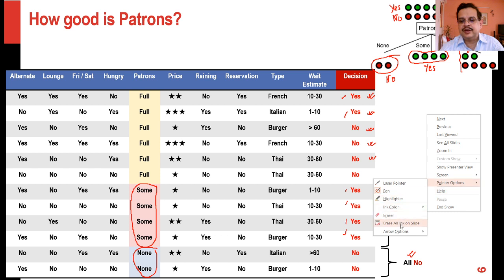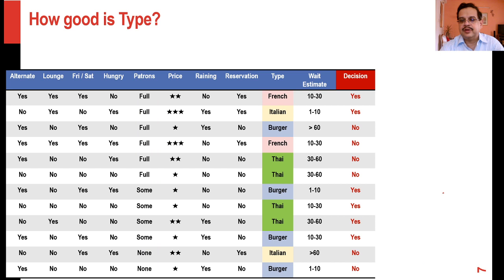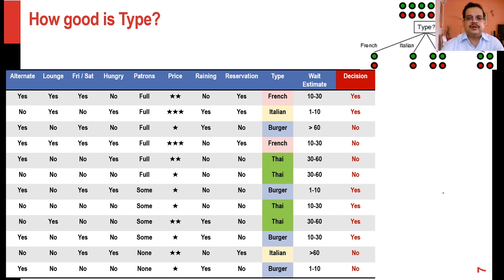And now let's see what is not a good choice. So for example, if you look at the type of the restaurant, is that a criteria which makes me decide to wait or not? Well, that seems to not be the case, because if, for example, I look at French cuisine, then in the data I have one person who waited and one person who did not.